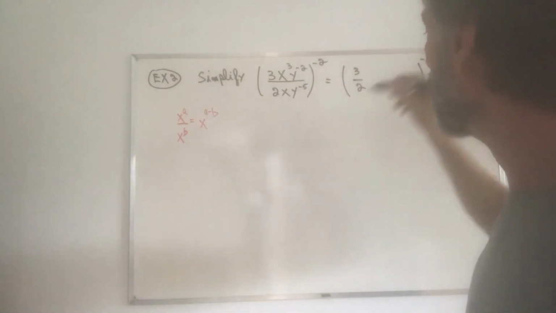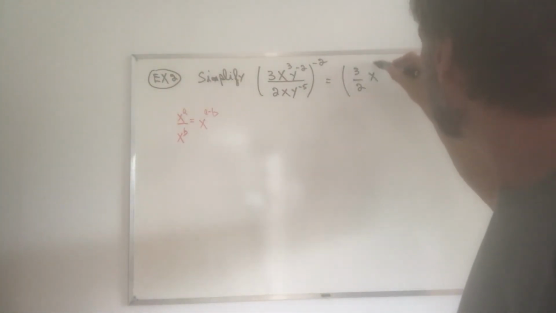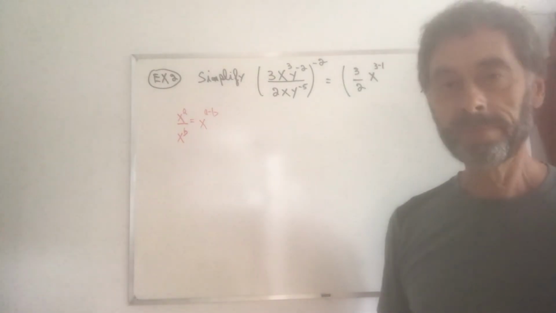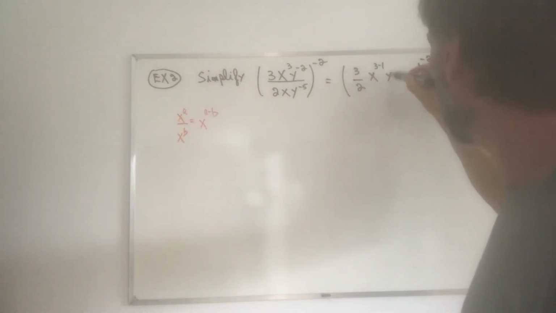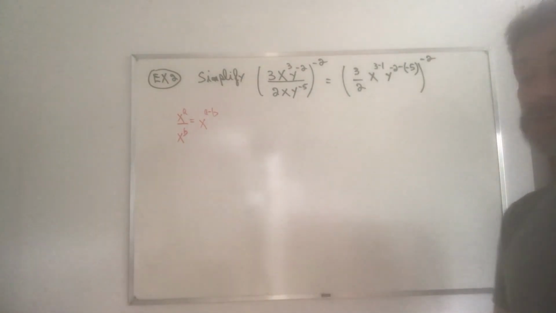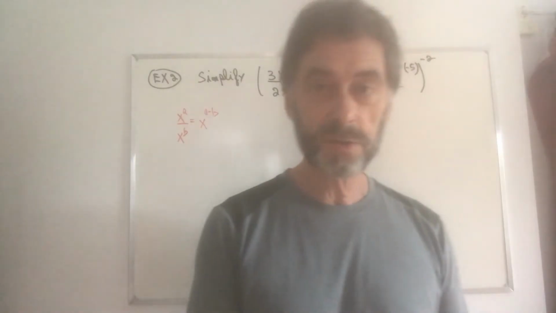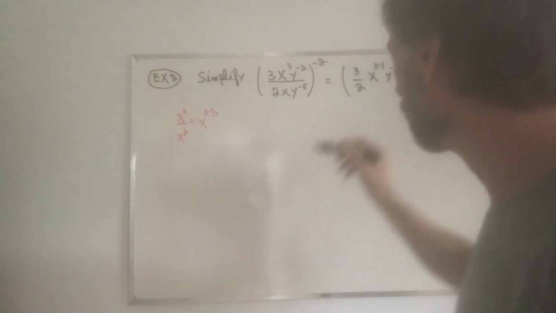So that's exactly what I am going to do. x to the 3 over x to the 1 is x to the 3 minus 1. I'll do the exact same thing for the y's: y to the minus 2 minus 5. And that's already a major simplification over the original problem.